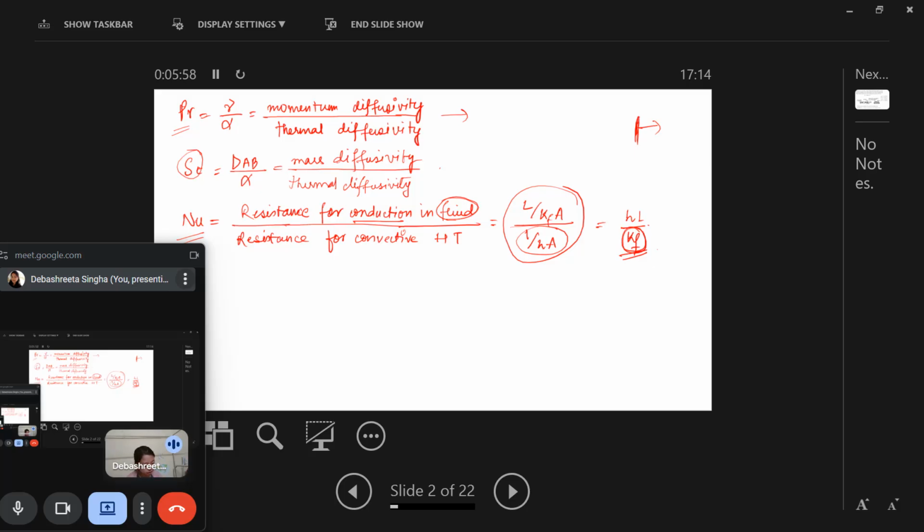Now the same is given for the Sherwood number also. The Sherwood number is the resistance for mass transfer in fluid divided by the resistance for mass transfer from solid to liquid.